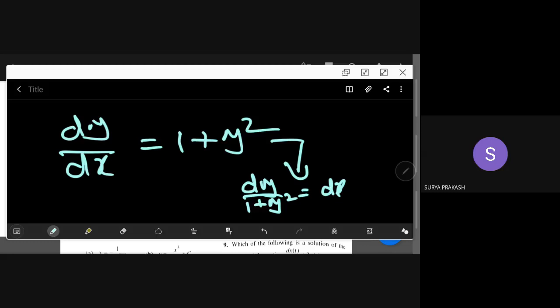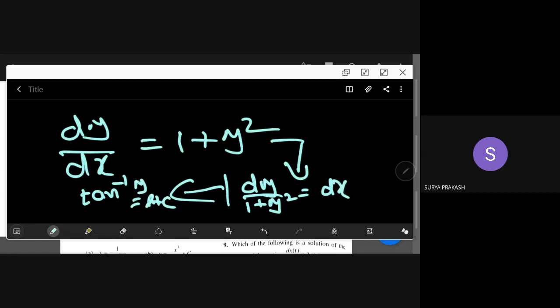So y is tan of x plus c. That is one way, and there is another way also. You can treat this as a Bernoulli equation, but we don't prefer this way. Yeah, this is a separable equation, not a Bernoulli's equation. Directly you can get this. So from here onwards, you will get tan inverse y is x plus c.